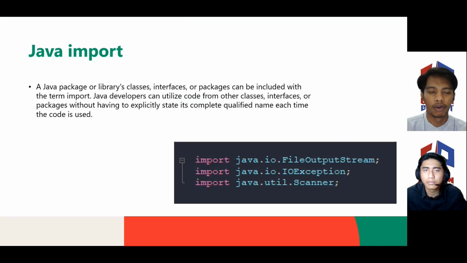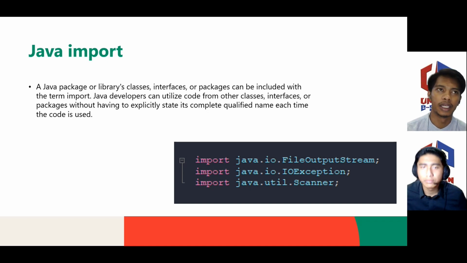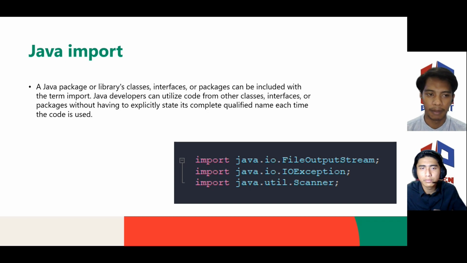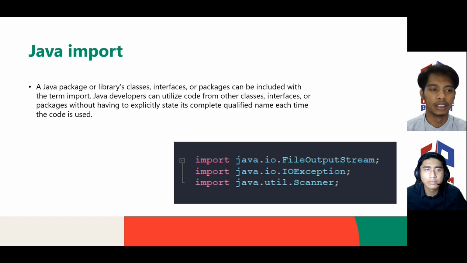Okay, before we go to the code, I will be explaining a few things that I use inside my code. The first is Java import. Java import is a Java package or library of classes, interfaces or packages that can be included within the Java program.